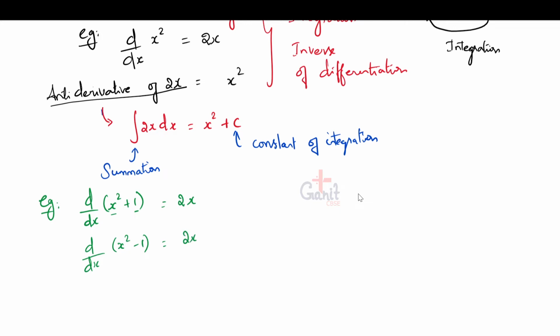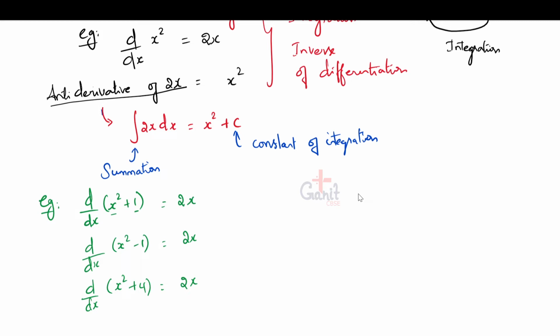The differentiation of x square is 2x and the differentiation of negative 1 is 0. If I differentiate another function, x square plus 4, I'll get 2x. If you differentiate a constant, your answer will be 0, so you will get 2x. So for all these functions, the derivative is 2x.